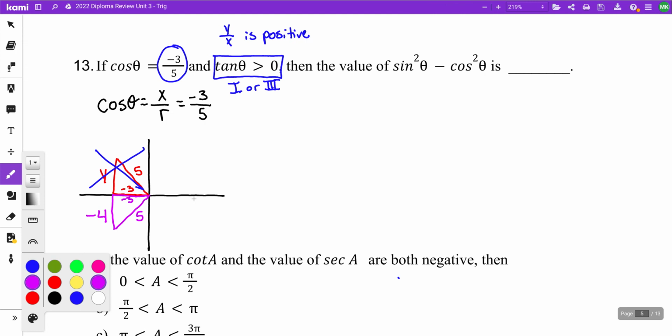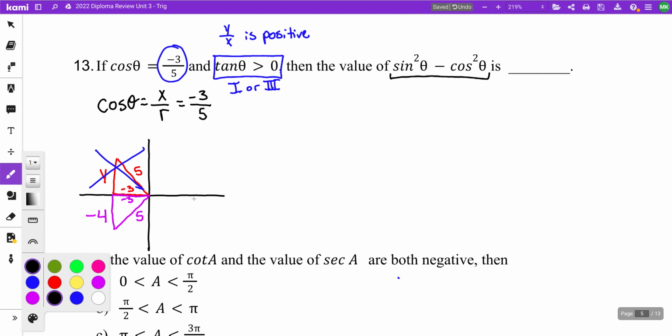Is everyone good with just building the triangle and building it in the right quadrant? We haven't answered the question yet. We just built a triangle. All right. Now let's answer the question. They want to know what sine squared of theta minus cos squared of theta is.